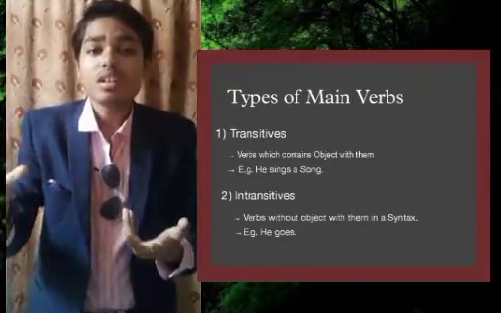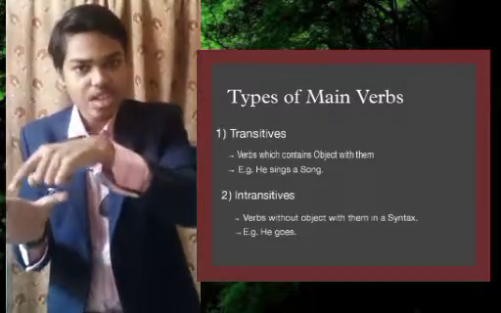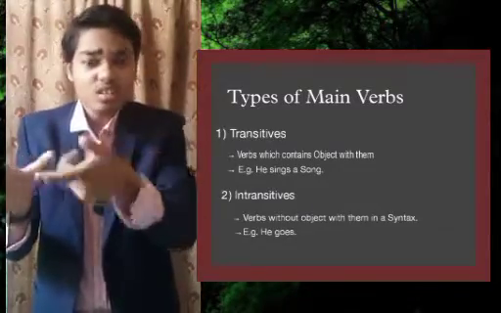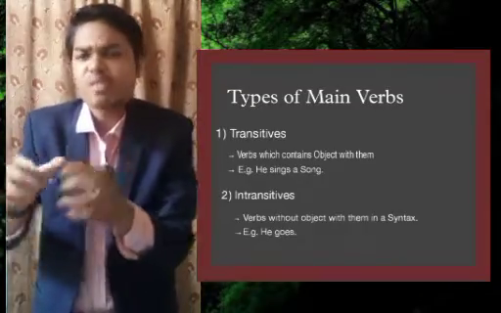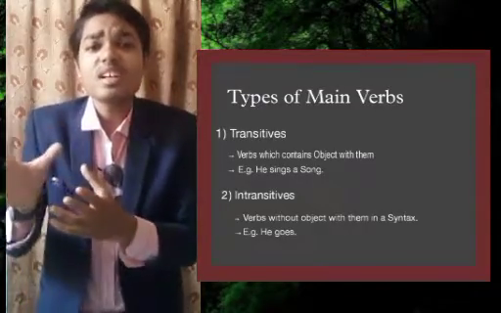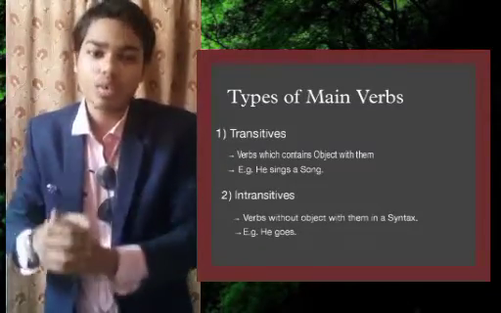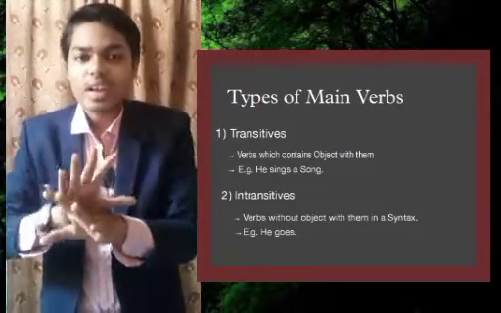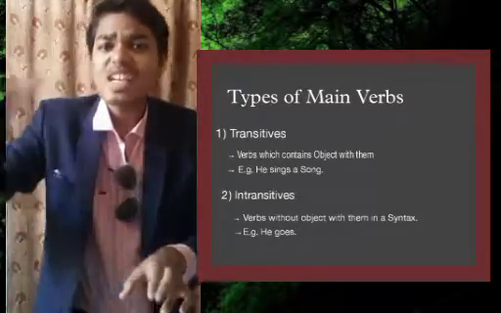Take "Seema goes." Where does she go? I don't know. Seema is the subject and goes is the main verb, but there is no object. So here it is intransitive, because there is no object with go. This particular go is referred to as an intransitive verb.